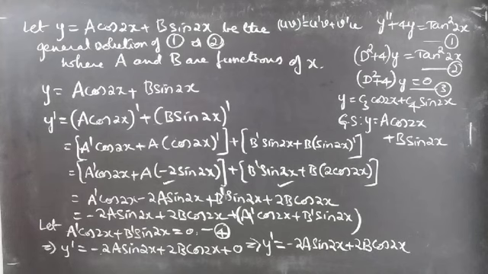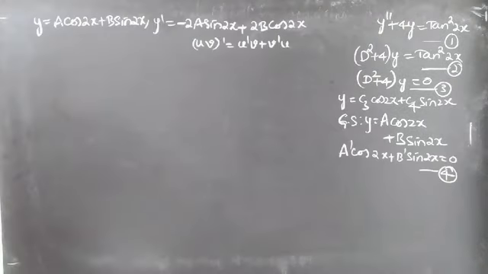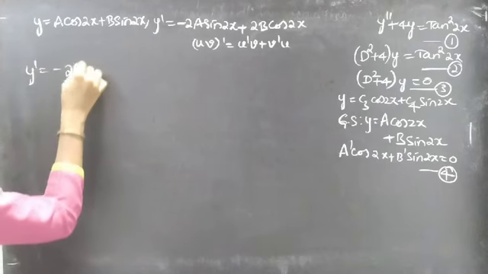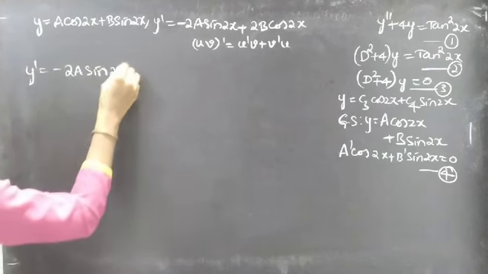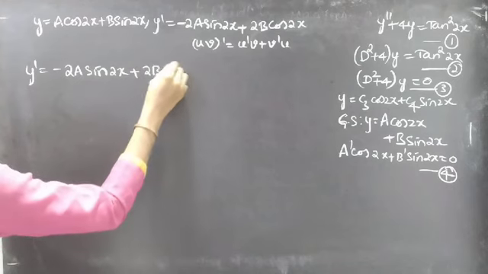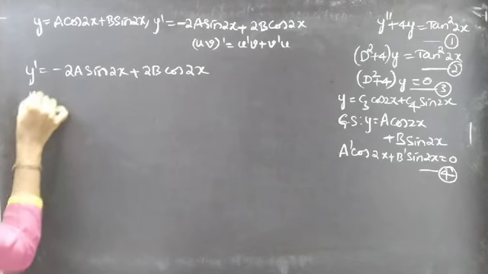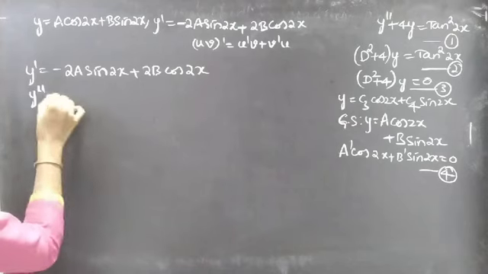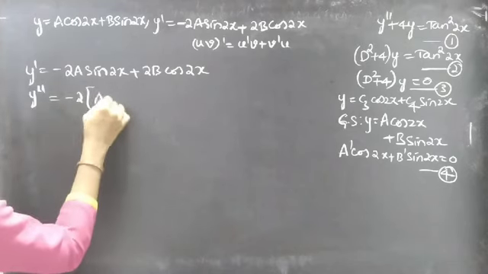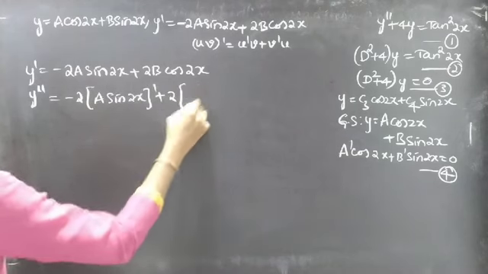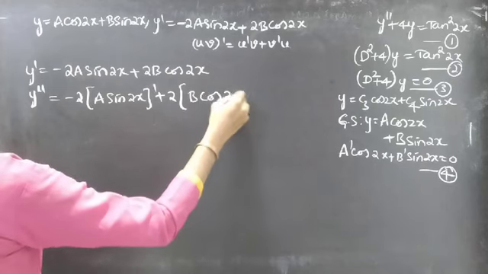Okay, now we got y' and we need to find y double dash. We have y' equals to minus 2a sin 2x plus 2b cos 2x, right? We need to find y'', that is derivative of y', which is equals to minus 2 into (a sin 2x)' plus 2 into (b cos 2x)'.